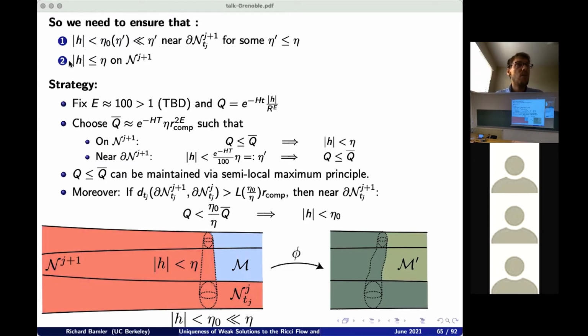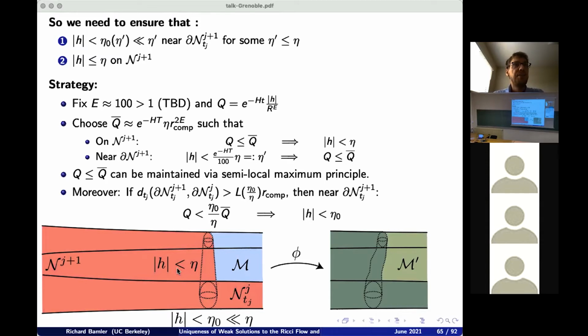For number 2, we use the fact that we can choose alpha as small as we like in the semilocal maximum principle. And then we get some additional decay that we can use here. We want H to be very small here, because this will guarantee that in this solution of the harmonic map heat flow equation, H is small near the boundary. So there's some kind of bad dependence that we have to overcome.